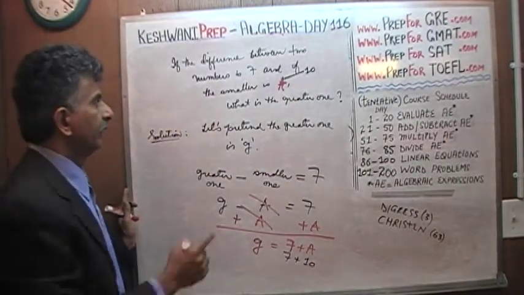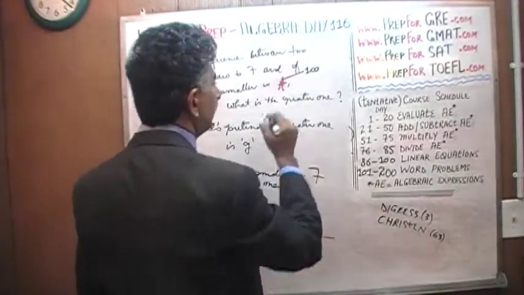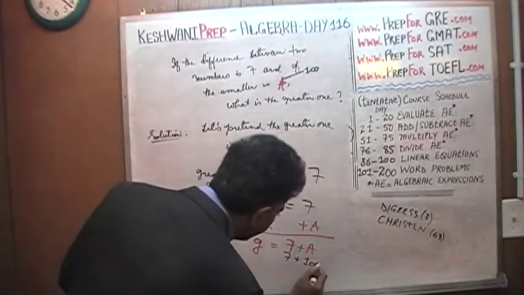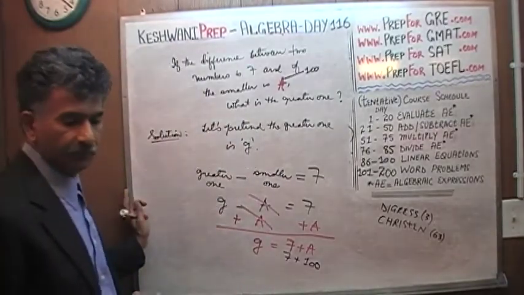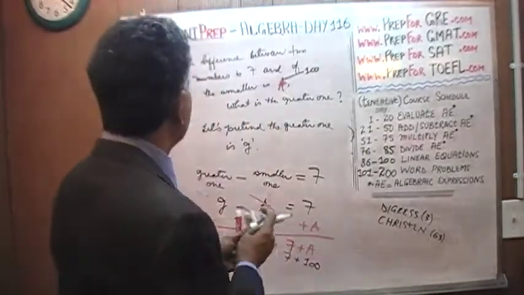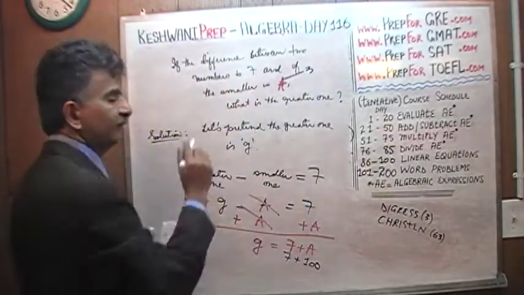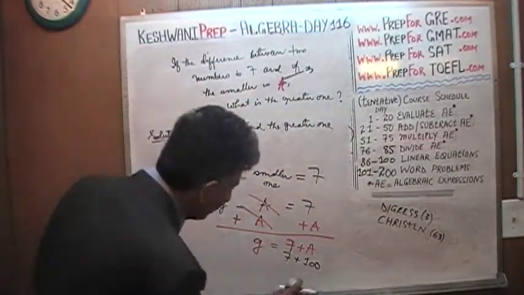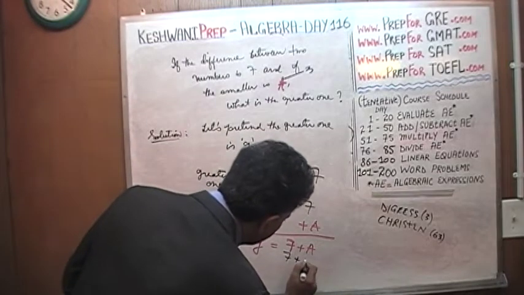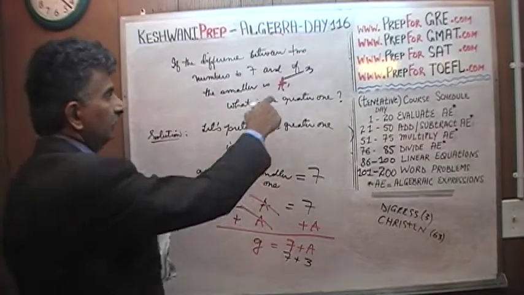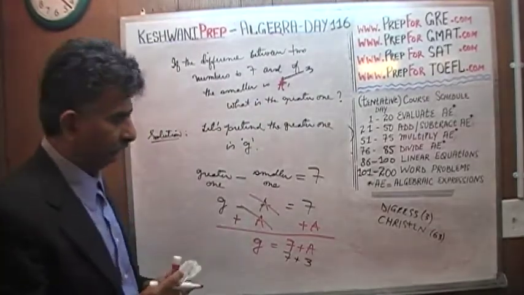On the other hand, if the smaller one happened to be 100 and their difference is 7, the larger one would have to be 107. 100 plus 7. If the smaller one happened to be 3 and their difference is 7, the larger one would have to be 3 plus 7, or 10, because 10 minus the smaller one of 3 gives us a difference of 7.